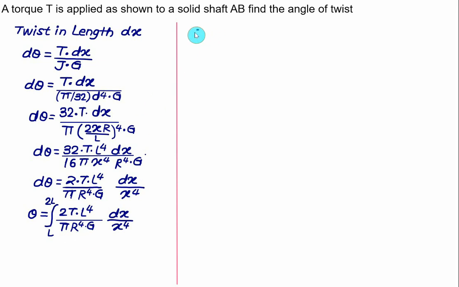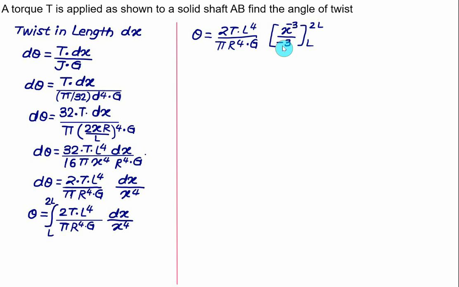So in this case we have theta is equal to 2 times T multiplied by L to the power 4 divided by pi into r to the power 4 multiplied by G, and we have the integral of x to the power minus 4, which is x to the power minus 4 plus 1, that is minus 3, divided by minus 3, and the limit is from L to 2L.